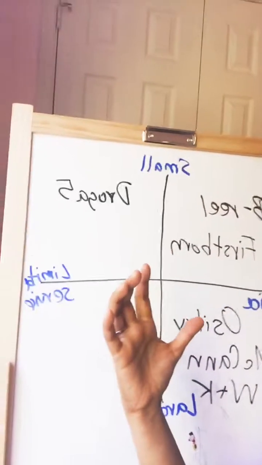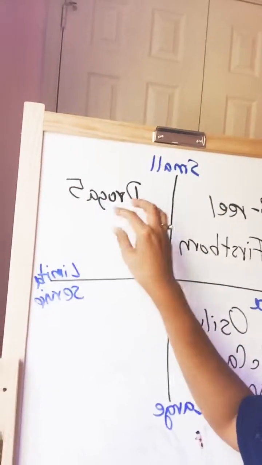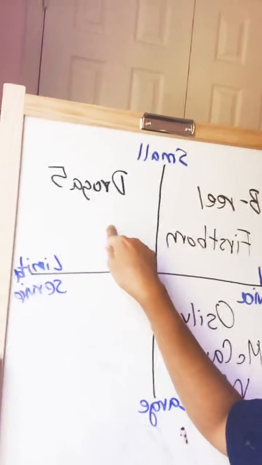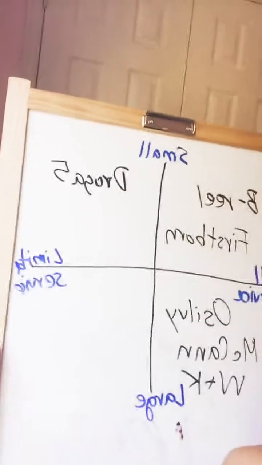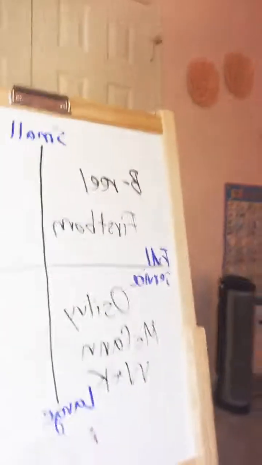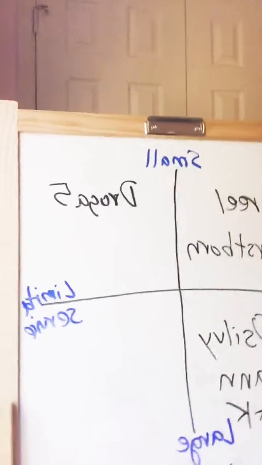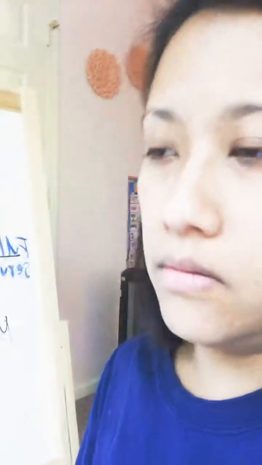For example, I see that Droga5 is the only company that is considered a small company that provides limited services. I feel that it might be too limited a choice. I still want to work for a small company because I come from a limited background.